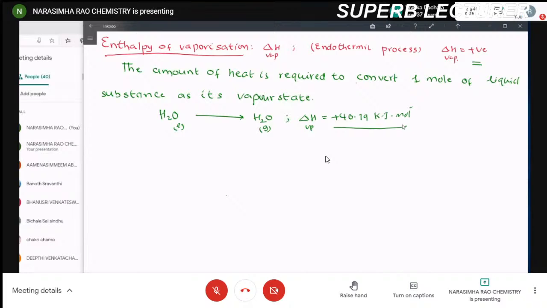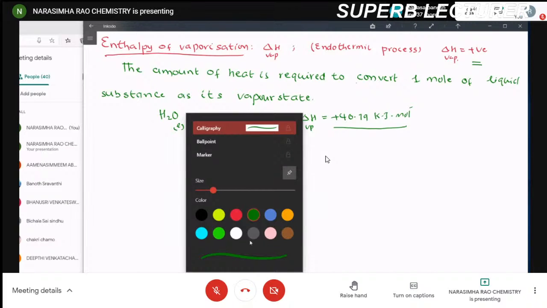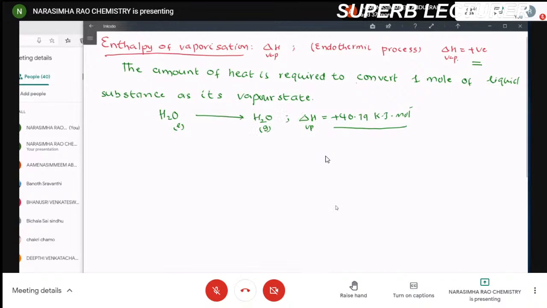Now, I am giving one more definition related with enthalpy of vaporization. Sir, one doubt, sir. Sir, it is plus 40.6 kilojoule, no, sir? Tell me, what is your doubt?